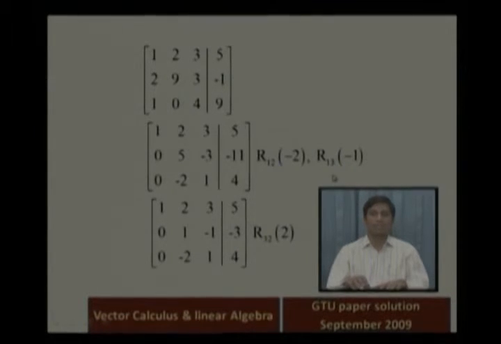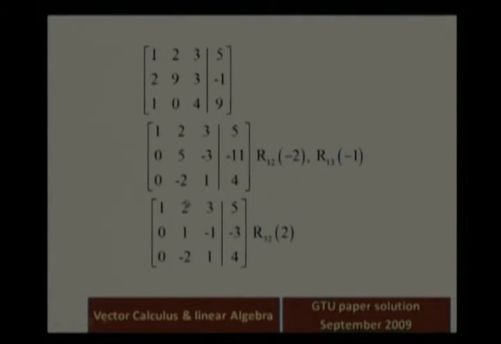Then we multiply the first row by -1 and add it to the third row. So we get 1 - 1 = 0, 0 - 2 = -2, 4 - 3 = 1, and 9 - 5 = 4.